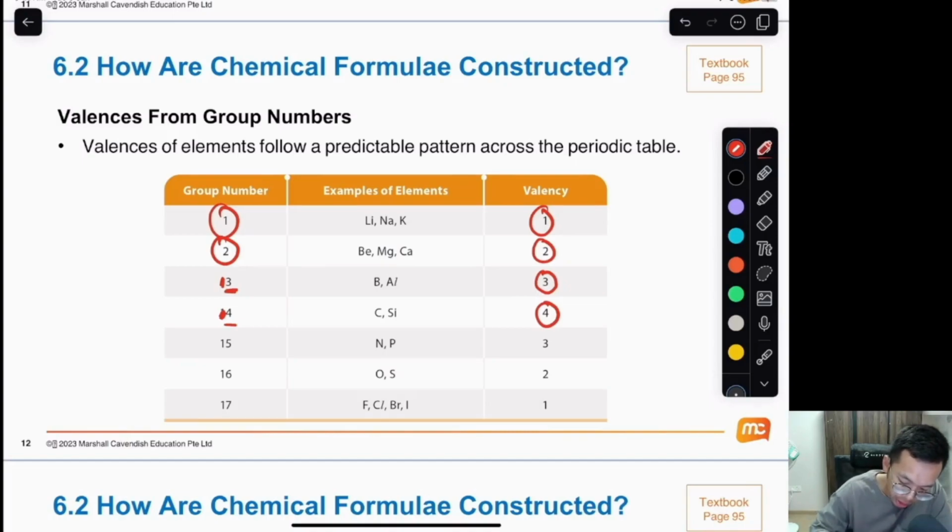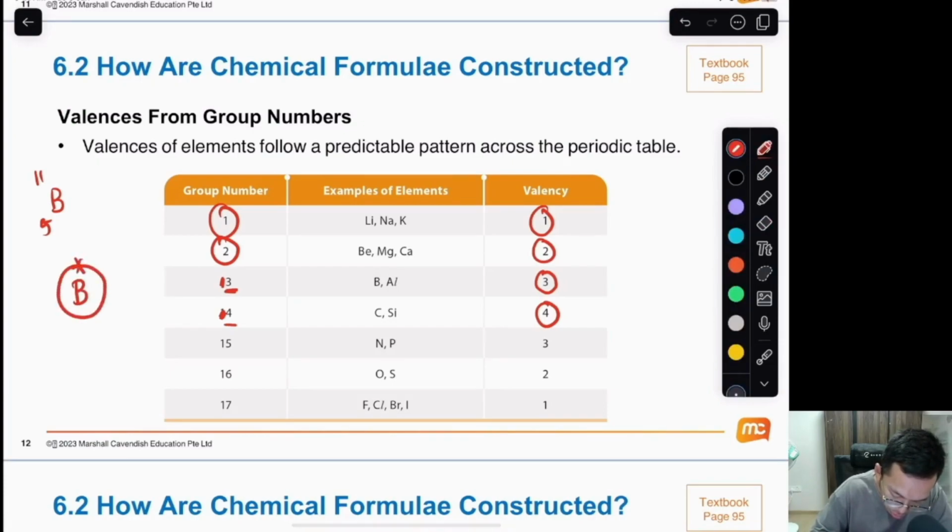If you do not believe me, let me draw out boron. Boron is 11, 5.